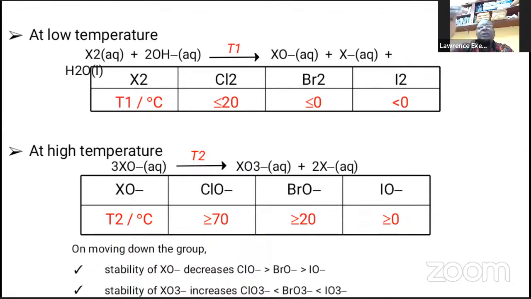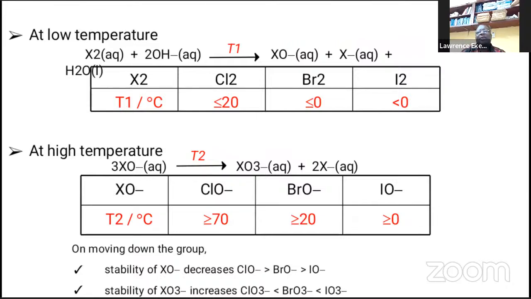At low temperature, for bromine and iodine, the reaction tendency is zero. But at higher temperature, it's only iodine that has a zero tendency of reaction.